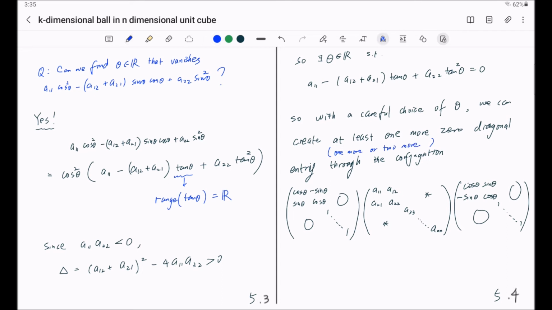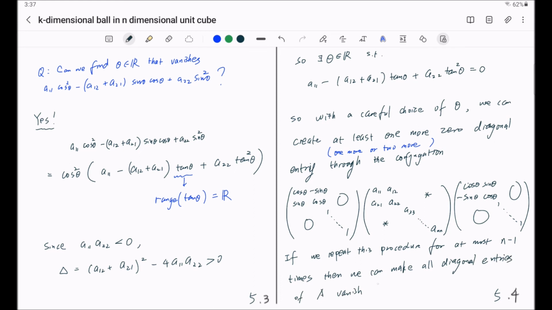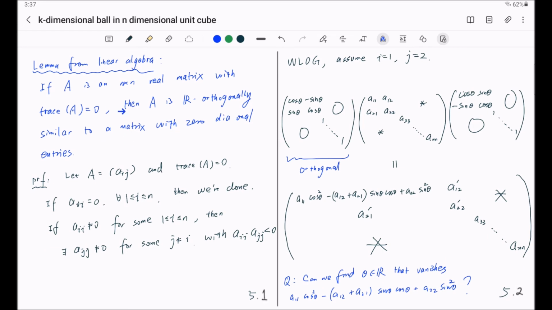But that is okay, because there are only finitely many entries on the diagonal. There are only n entries. If we repeat this procedure no more than n-1 times, then we can make everybody on the diagonal vanish through conjugation. So, by repeating this procedure, or by induction, we can prove this lemma.